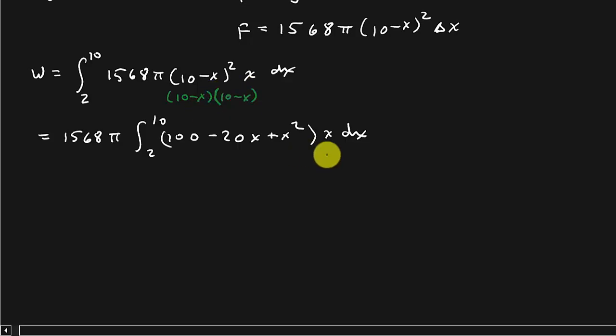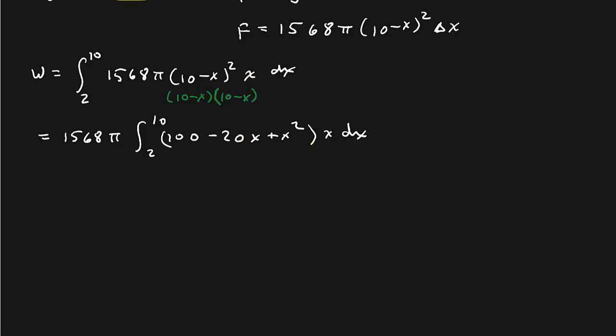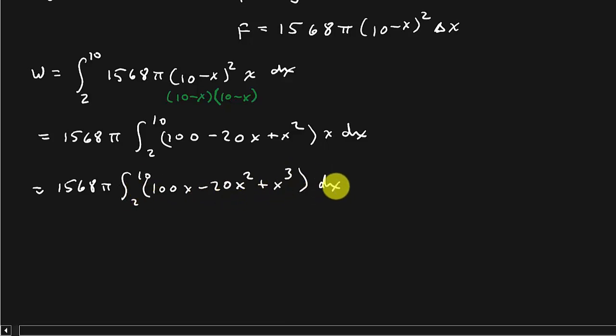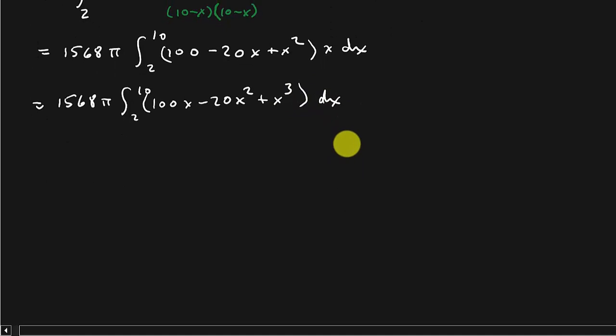I just folded it out. And now I'm going to distribute the x. And so that's going to be 1568 pi from 2 to 10 of 100x minus 20x squared plus x cubed dx. And now we're ready to integrate this thing.